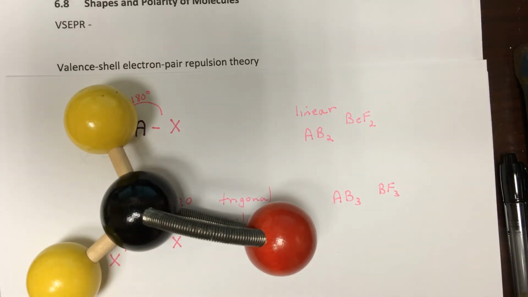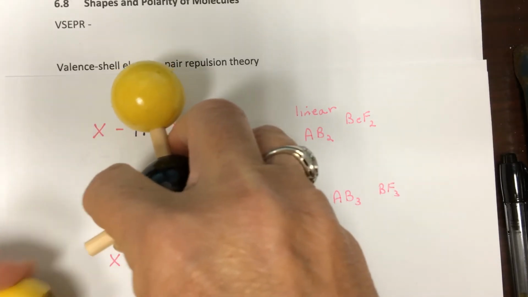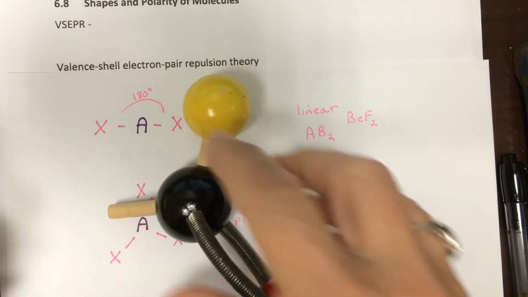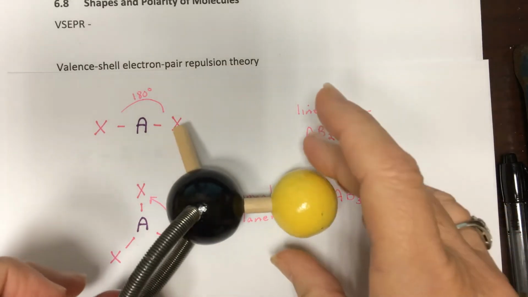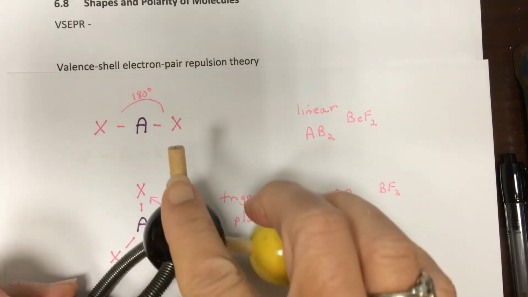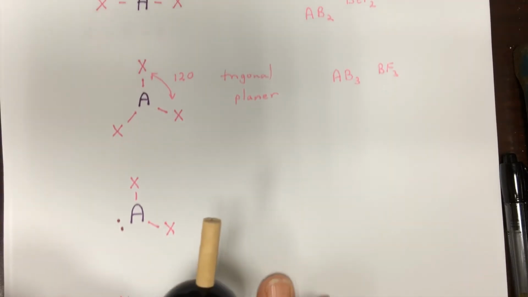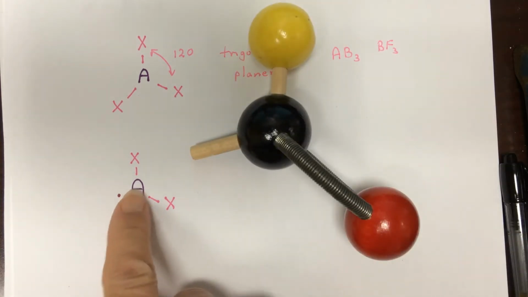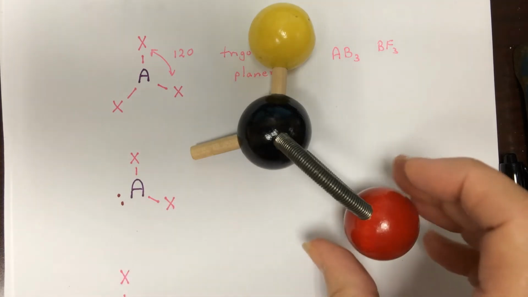All right, so what happens if we have an atom that doesn't have one of its atoms? So this has a lone pair here. This is a lone pair. For a Lewis structure, we would write it like this. We have a central atom, bonded to two other atoms, and it has a lone pair.